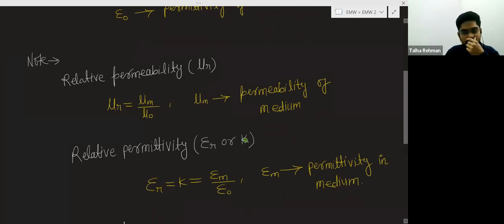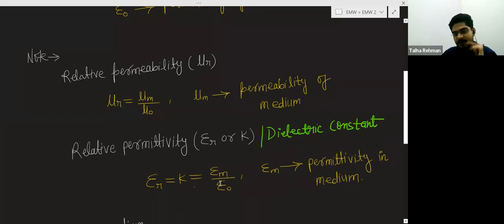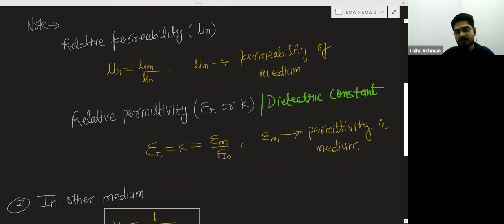This relative permittivity is also known as the dielectric constant of the medium. So relative permittivity, or dielectric constant, is equal to the permittivity of any medium divided by the permittivity of air or free space.